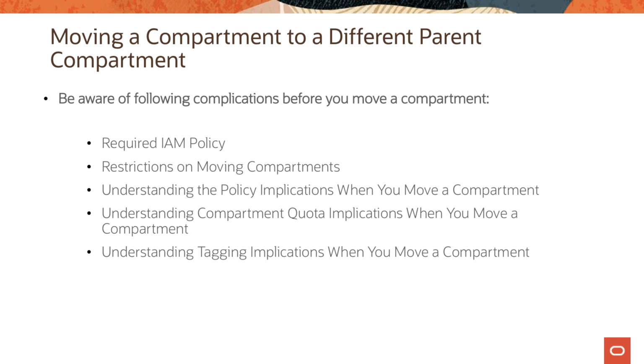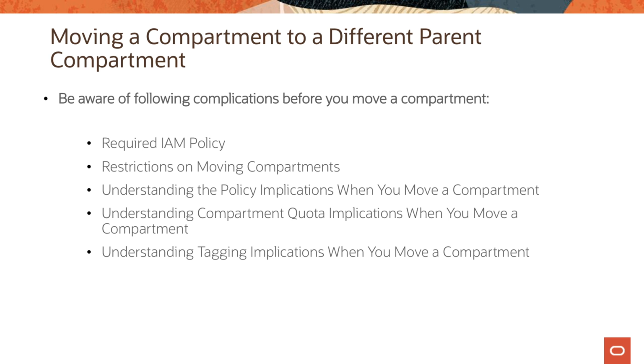So let's say that your compartment is called A, then you cannot move this compartment called A to another parent whose name is A, because then in that compartment hierarchy there'll be a conflict in names, and we cannot have two compartments like that, a parent and child both with the same name. So that's a restriction.